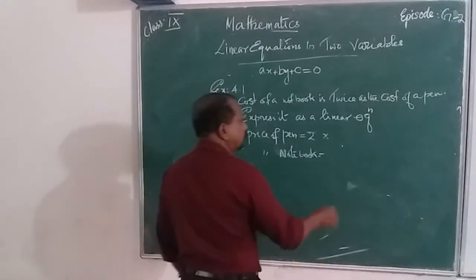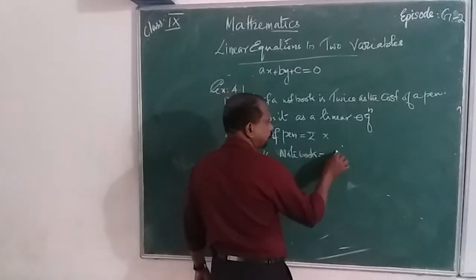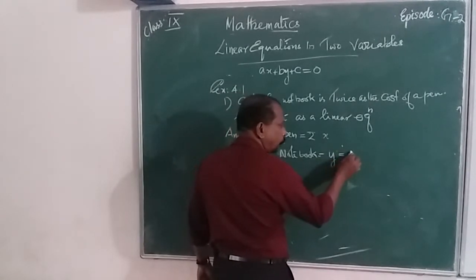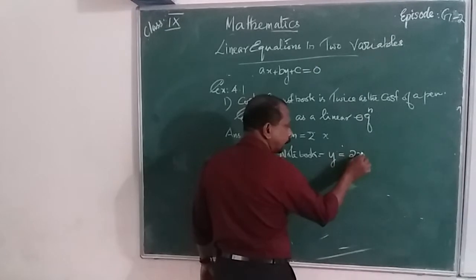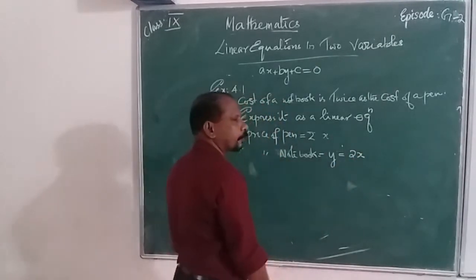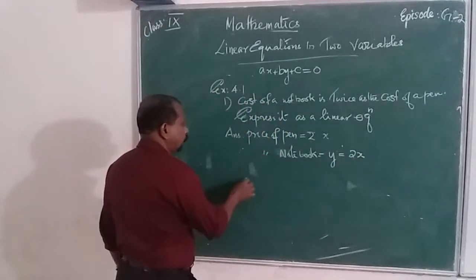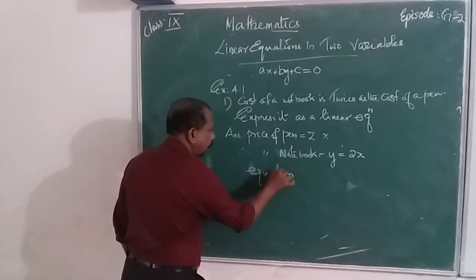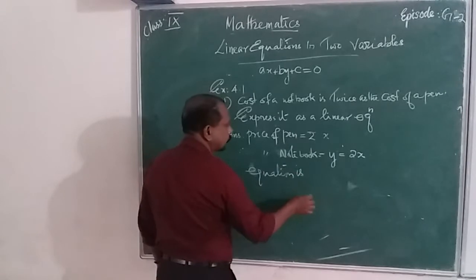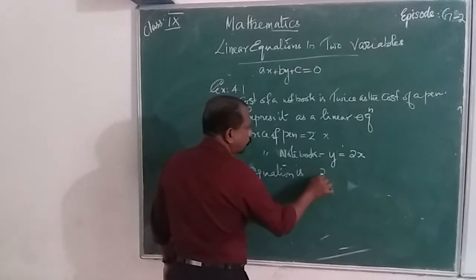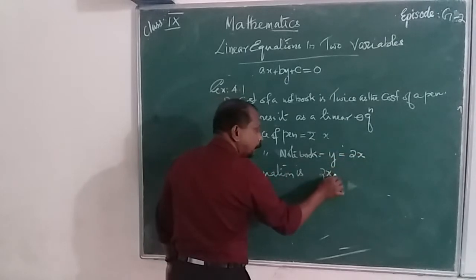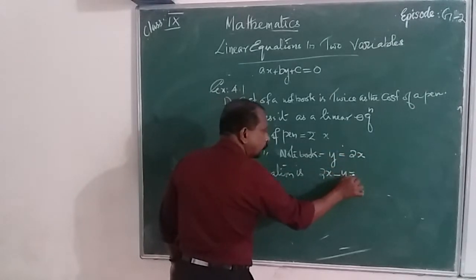So the price of notebook is equal to 2 times of x, that is 2x. Therefore, the equation is 2x, shift y to the right, it is minus, y is equal to 0.